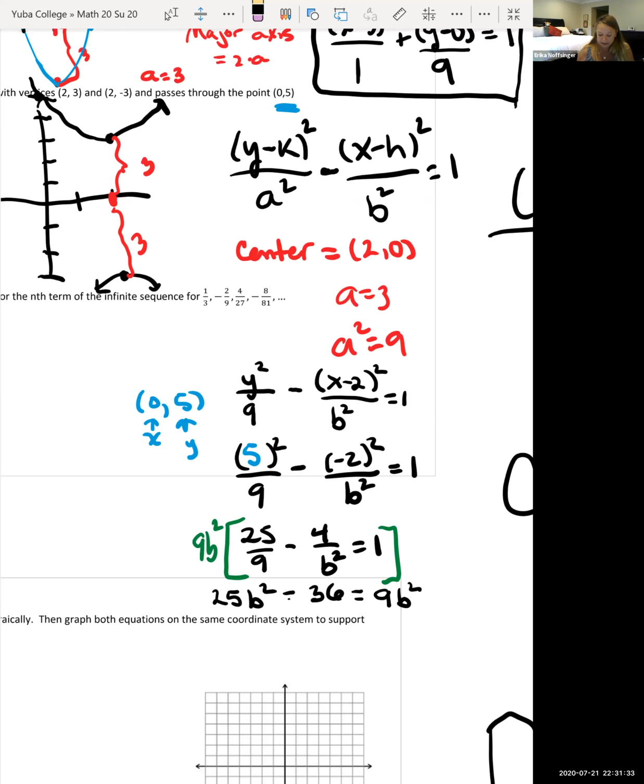If we subtract 25b squared on both sides, actually, how about let's subtract 9b squared on both sides and add 36, just so we don't have to deal with negatives. So 25b squared minus 9b squared, that's 16b squared, is equal to 36. Add 36 to both sides, divide both sides by 16.